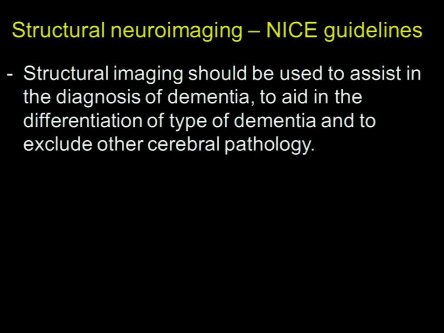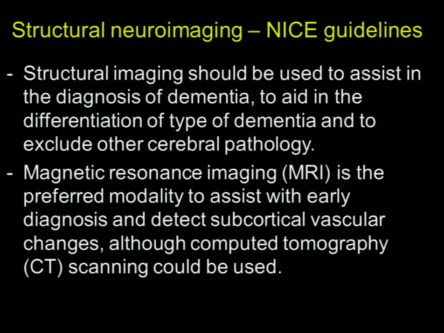So that's the guidance we're working to, and I'll go ahead and explain what we mean by that in a little bit more detail. And they go on to say that MRI scanning is the modality of choice, but we can use CT scanning as well. So where possible, we should use MRI scanning. And the reasons for doing that is that it gives us much more information, and it doesn't have any X-rays, which CT scanning does. Although there are some problems. Some people can't have MRI scanning if you've got pacemakers. It's a little bit noisy and a little bit claustrophobic for some people.